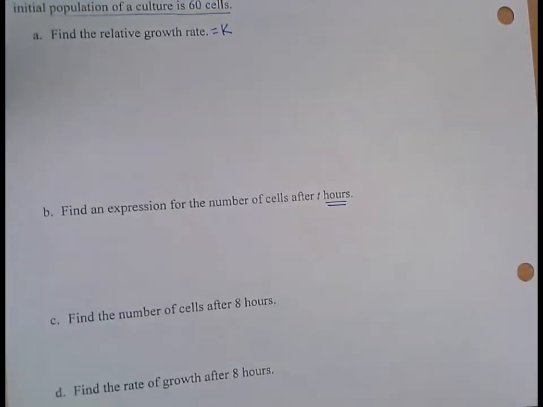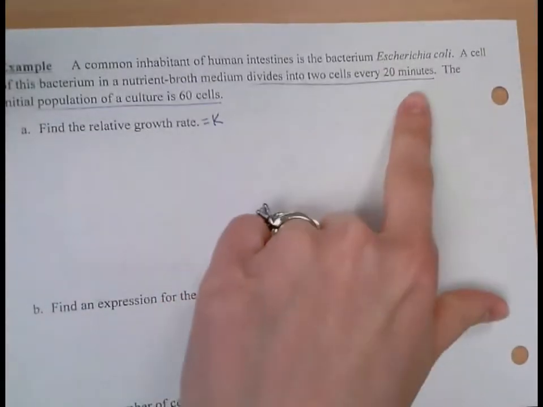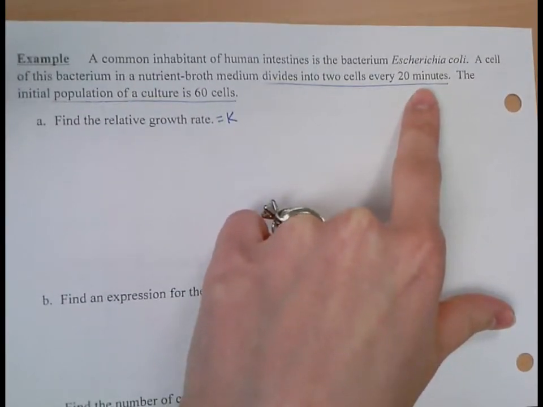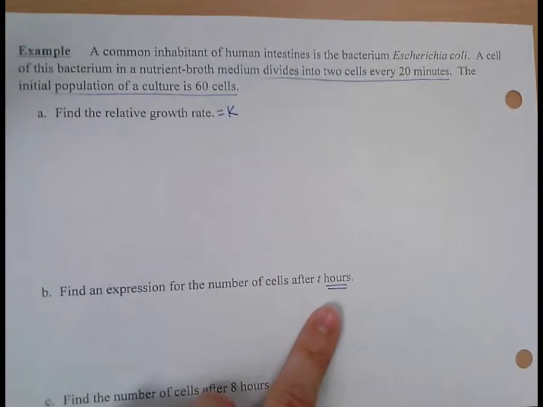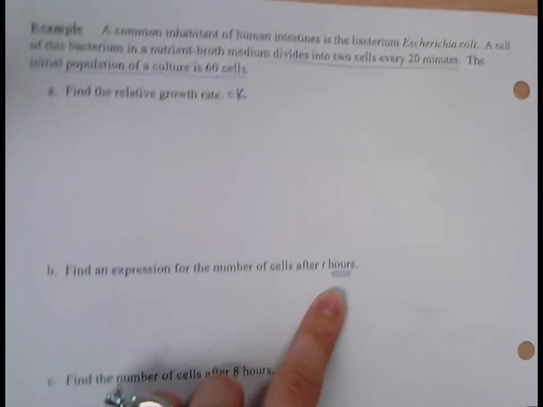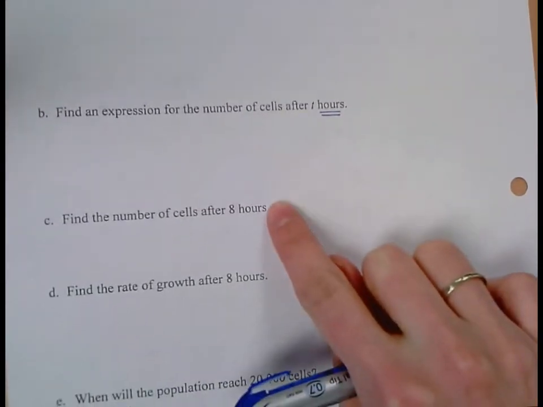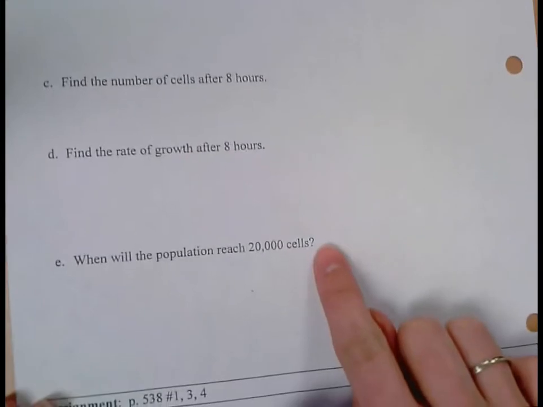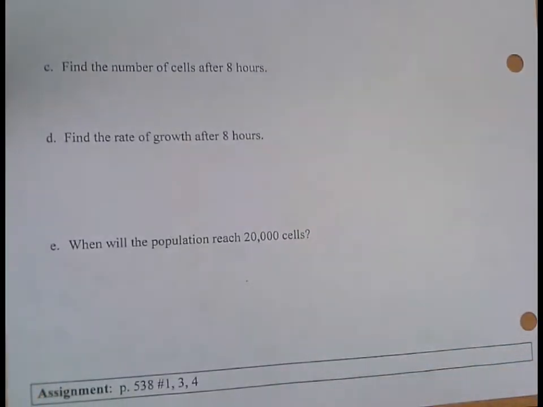So there it tells you what t is measured in. The problem talks about dividing into 2 cells every 20 minutes, but our t is measured in hours, so we have to keep that in mind. Then we'll find the number of cells after 8 hours, the rate of growth after 8 hours, and at what time the population would reach 20,000 cells.